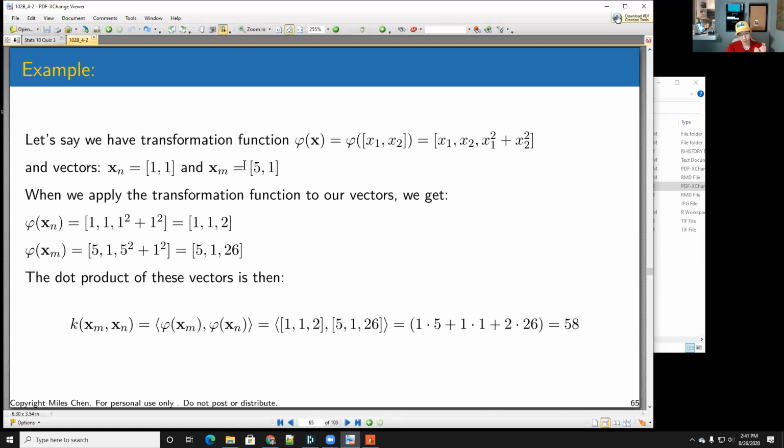when I apply the transformation function onto the coordinate 1, 1 and another point 5, 1. If I apply this transformation function, which returns x1, x2, and the sum of x1 squared and x2 squared, then the point 1, 1 becomes the three-dimensional point 1, 1, 2.